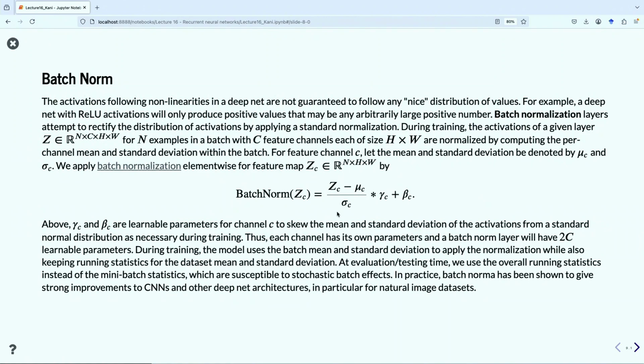Instead of having a feature that's, say, 100, you are calculating how many standard deviations away from the mean that feature is. You're normalizing it.